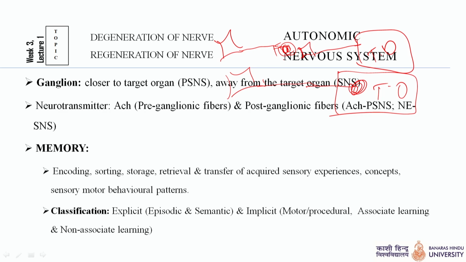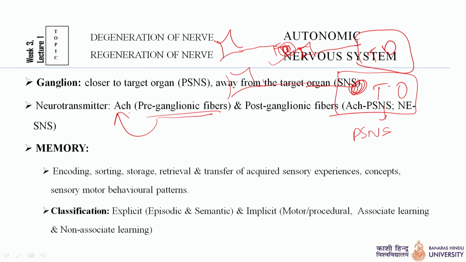Now the ganglion located closer to the target organ is seen in the parasympathetic division, whereas in the sympathetic division the ganglion is present far away from the target organ, right? And then what neurotransmitters does it release, whether it is a preganglionic fiber of the sympathetic or parasympathetic division? In both, the preganglionic fiber releases acetylcholine only.